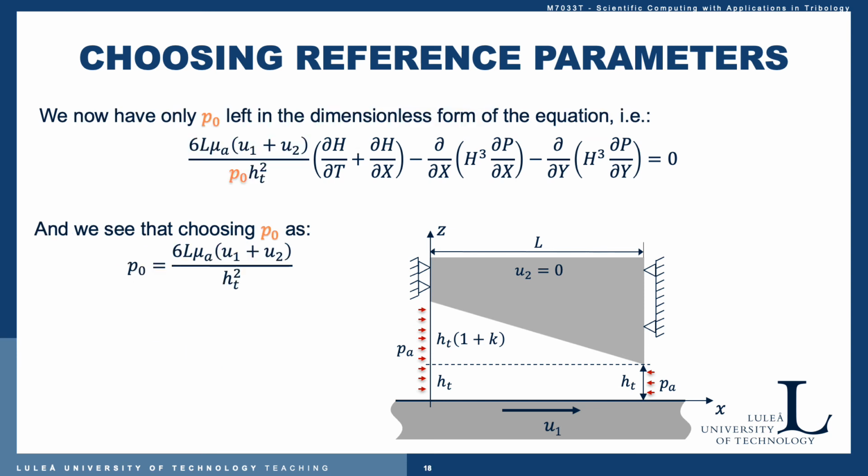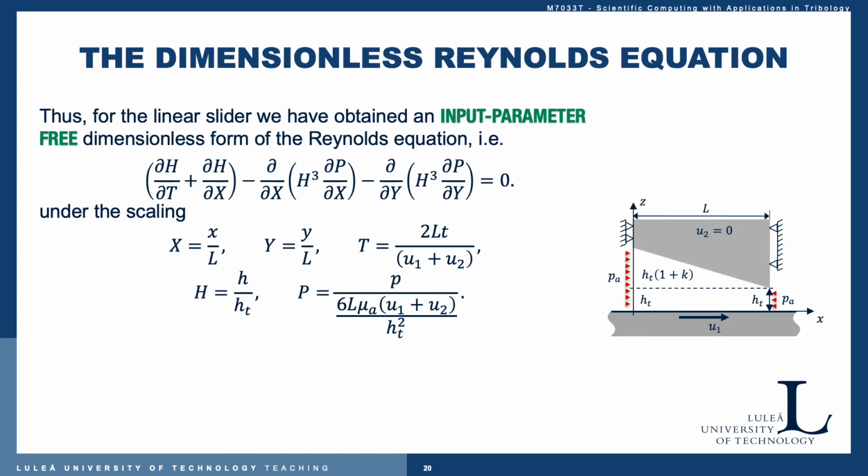And we see that choosing P0 precisely as this expression, as identified above, is a quite feasible alternative. Because for this choice we have now obtained an input-parameter-free dimensionless form of the Reynolds equation, and it looks like this. And we have obtained it under precisely this scaling.